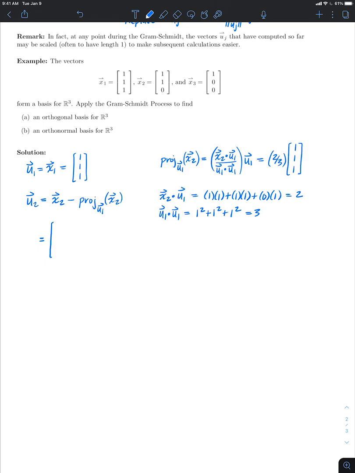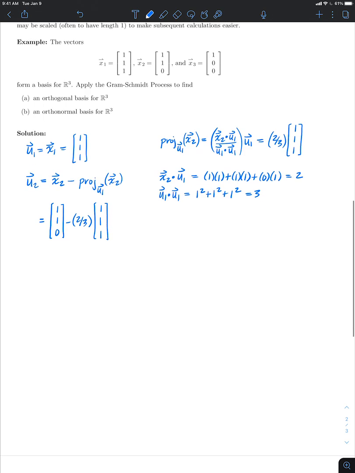So let's work this out. So x2 is 1, 1, 0. And then the projection, we're going to subtract 2/3 times u1, which is 1, 1, 1. Let's clean this up a little bit and get some common denominators. Let's write this as 3 over 3, 3 over 3, and then 0 over 3, minus the vector that's just 2/3, 2/3, 2/3.